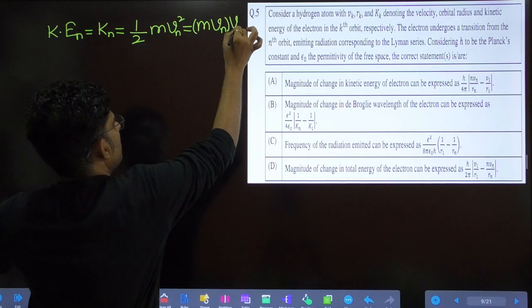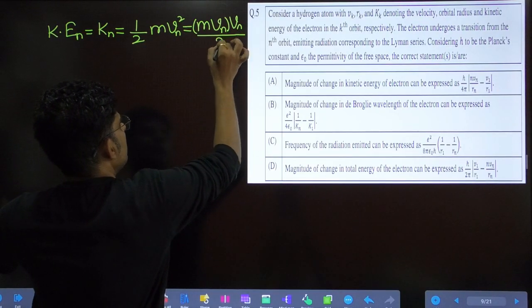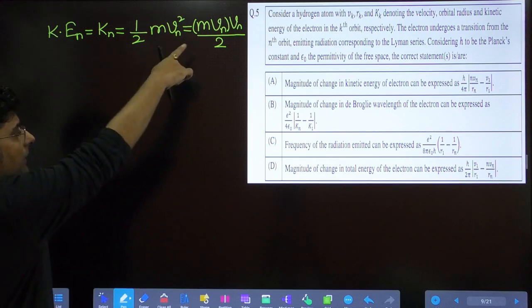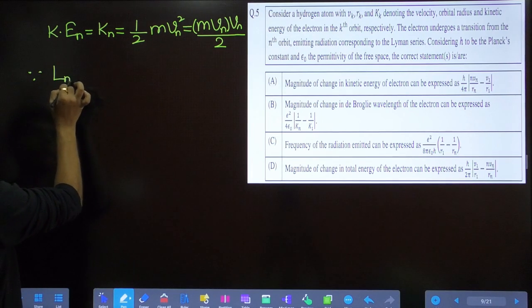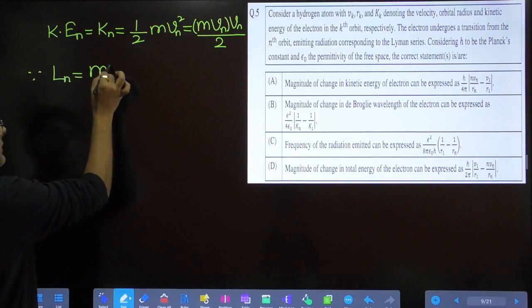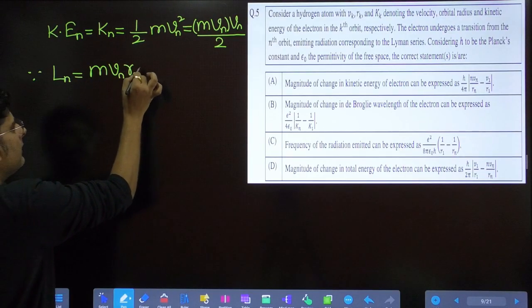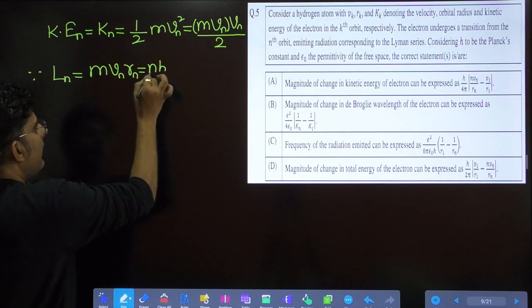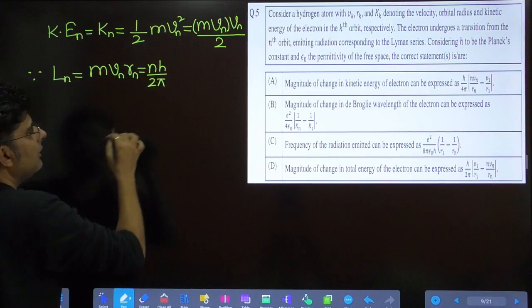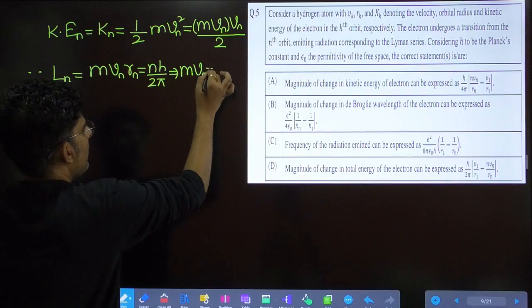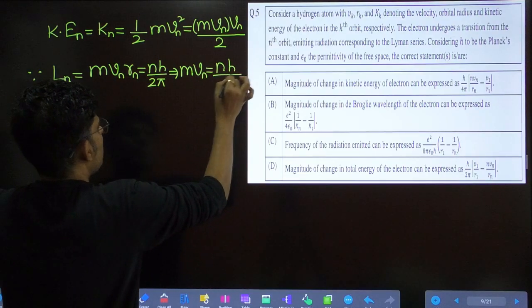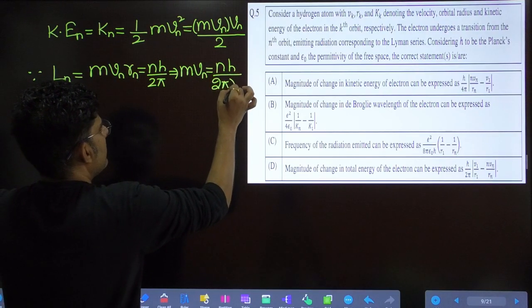We can write mv square like this. By doing so, we know that angular momentum quantization gives us m Vn Rn is nh by 2 pi. So we can substitute and hence remove m Vn as nh by 2 pi Rn.